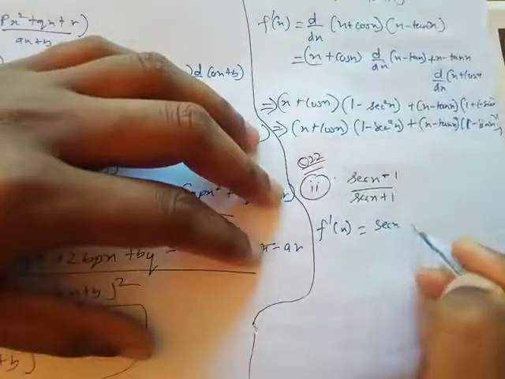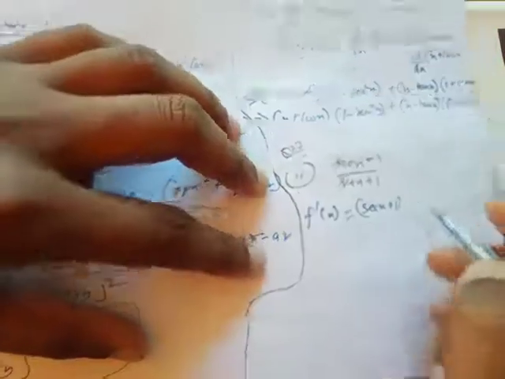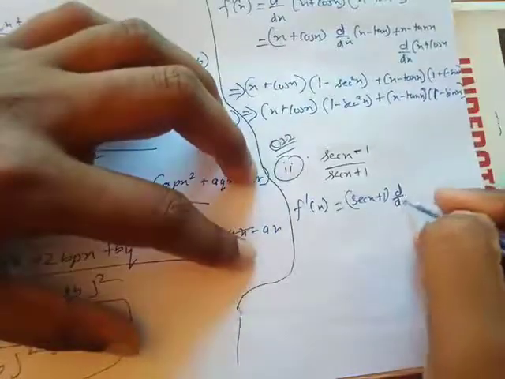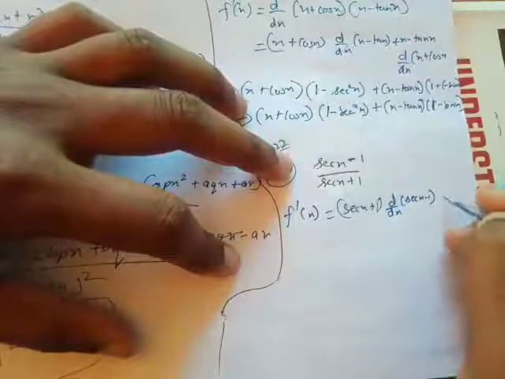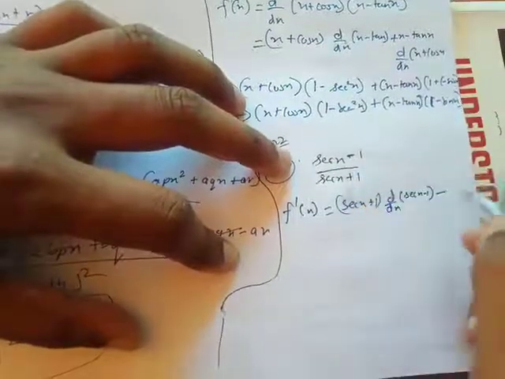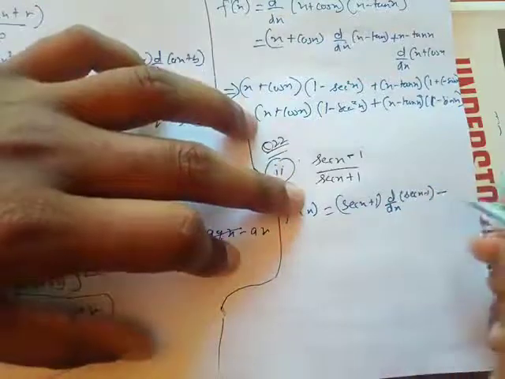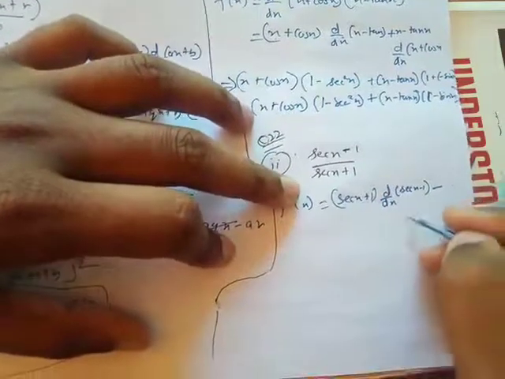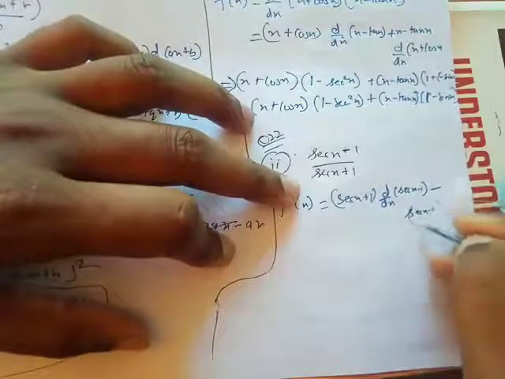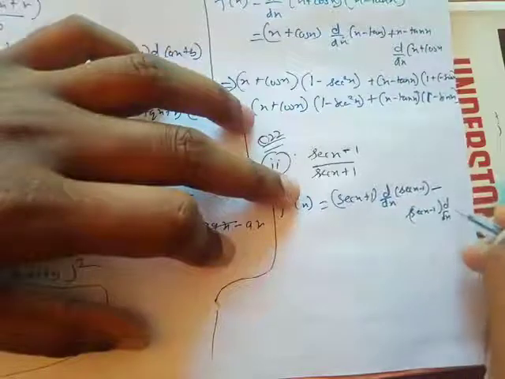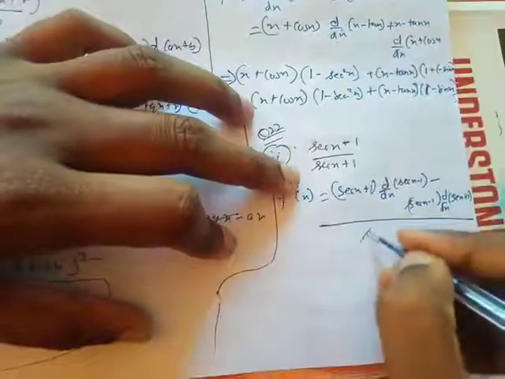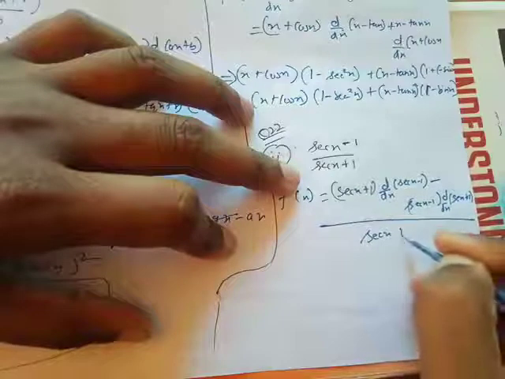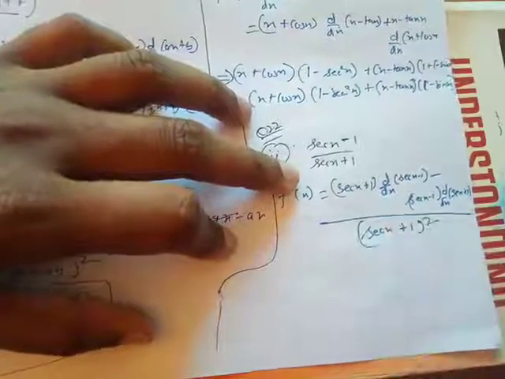It says (sec x plus 1) and then d by dx of (sec x minus 1), and then minus, write this one outside and that one inside: (sec x minus 1) and d by dx of (sec x plus 1), upon (sec x plus 1) whole square.